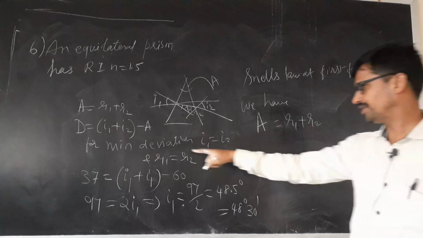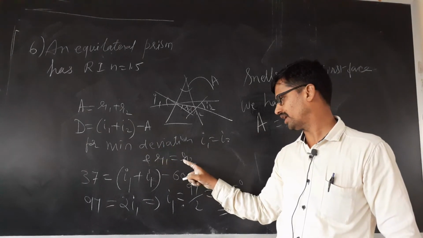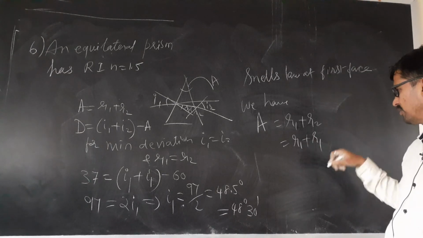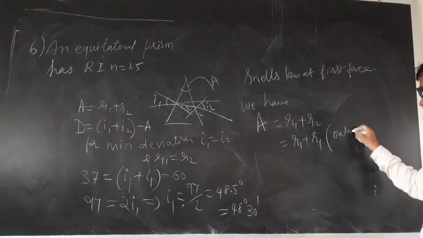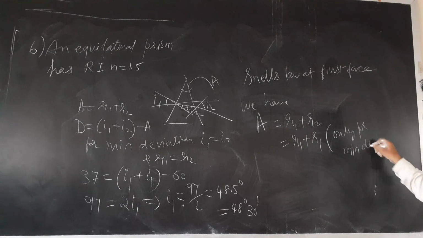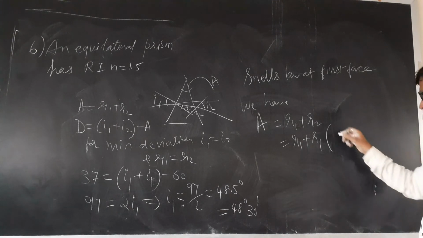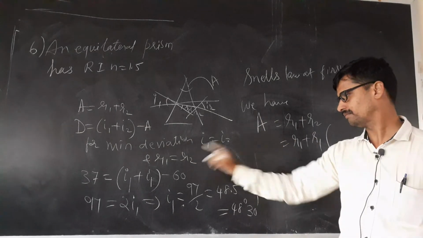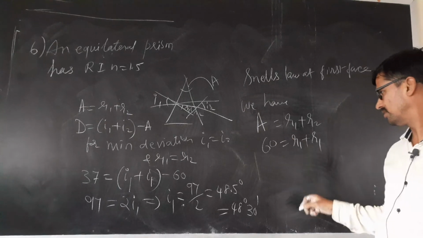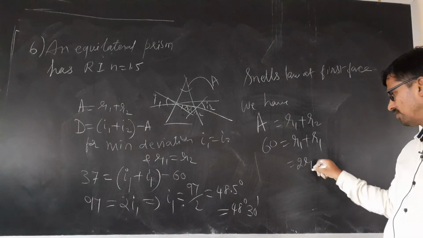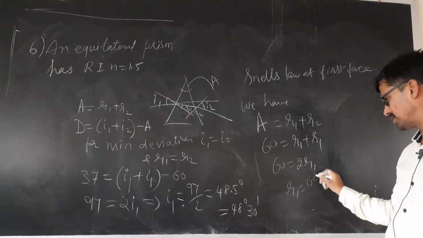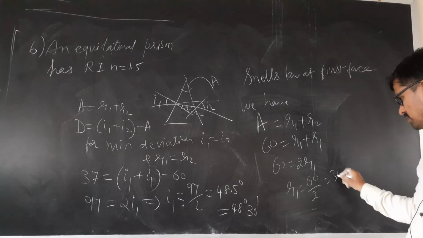But for minimum deviation, R1 and R2 both are equal, so we will write them as R1 plus R1. Now, angle of the prism is already given as 60. This will be 2R1 is equal to 60. R1 will be equal to 60 divided by 2, that is 30 degrees.